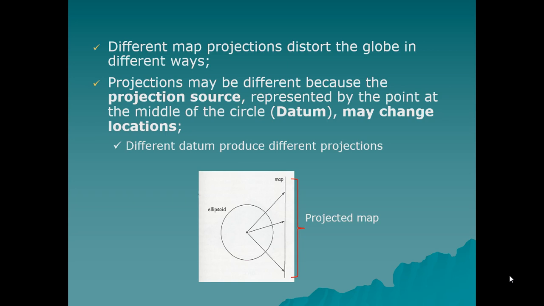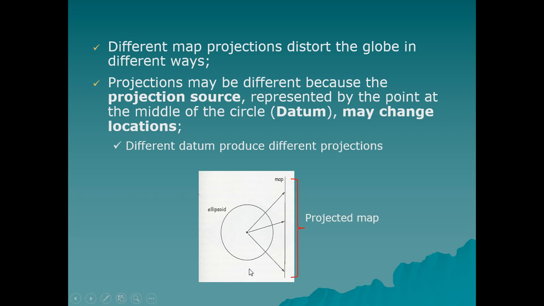So the projections may be different because the projection source, that is the origin from which you are projecting your features from that curved surface to the flat map surface, could be different. That point of origin is what we refer to as our datum, and sometimes this datum or point of origin may change. This may change from datum to datum and location to location.